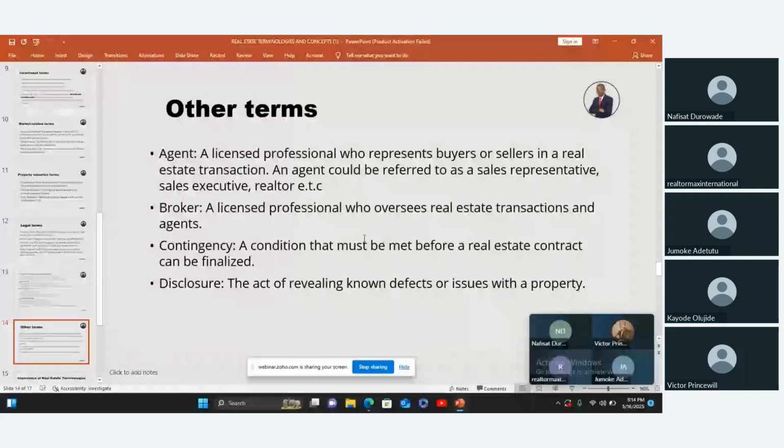Importance of real estate terminology. Real estate professionals who understand the use of industry-specific terminologies demonstrate expertise and professionalism. By the time you understand all these terminologies, the language of real estate, all this jargon in the real estate industry, then you stand a chance to demonstrate expertise and professionalism.